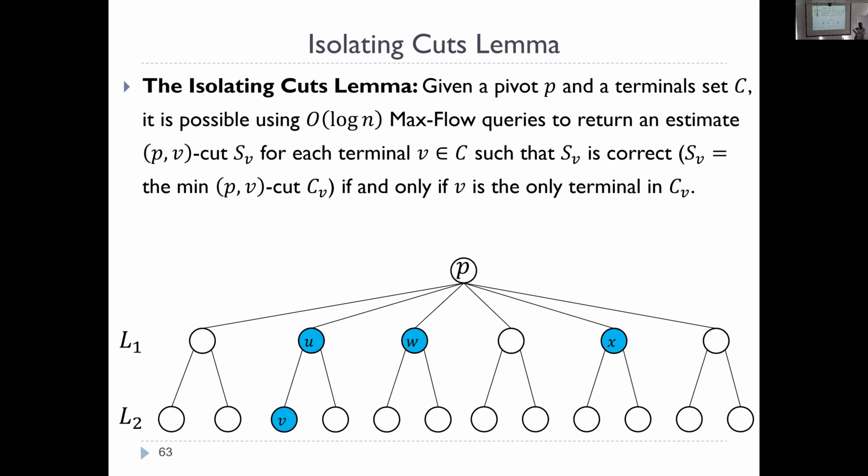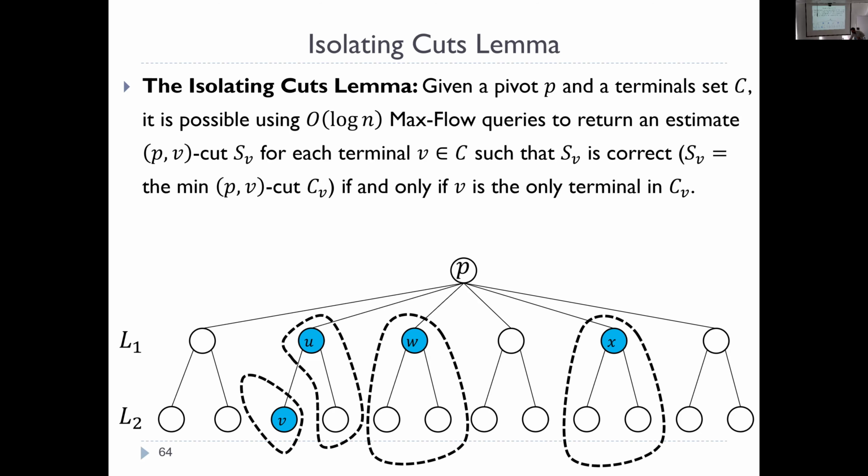Can I just show the example? I think it is going to answer, but if not, then we can talk about it more. Let's say these are the terminals, the blue nodes here. What the isolating cuts lemma will return for the terminal X is the correct cut, those 3 nodes, because X is the only terminal on its side of the cut.